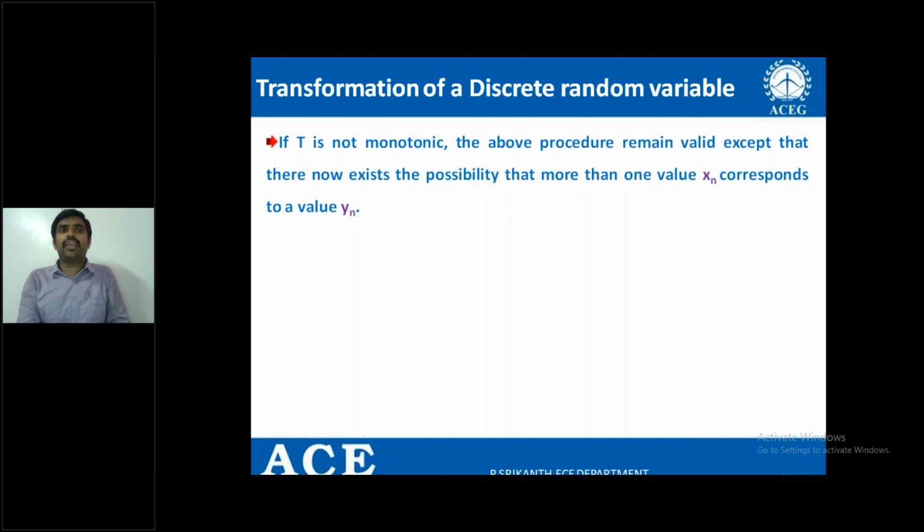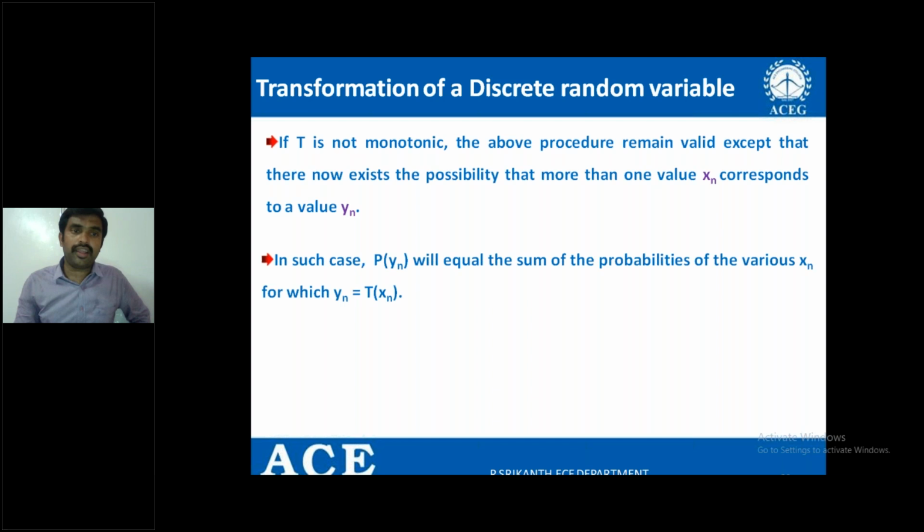That is, if T is non-monotonic, the above procedure remains valid, except that there now exists the possibility that more than one value x_n corresponds to a value y_n. In the sense that if more values of x_n correspond, then ultimately p(y_n) will be equal to the sum of the probabilities of the various x_n for which y_n = T(x_n).